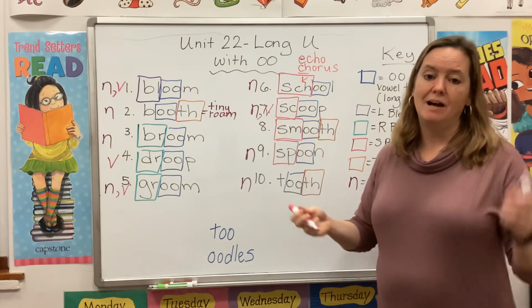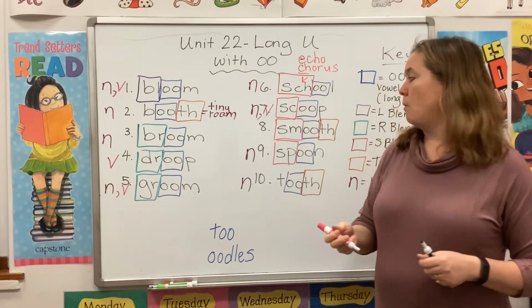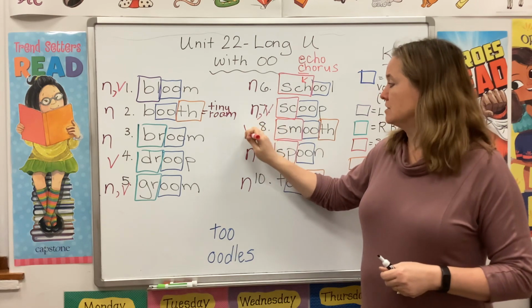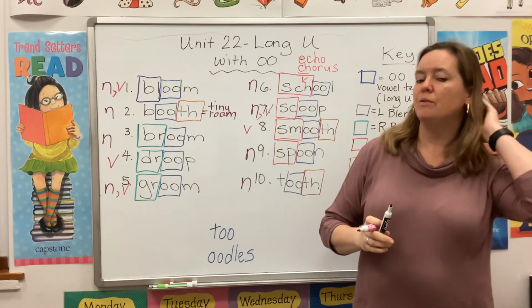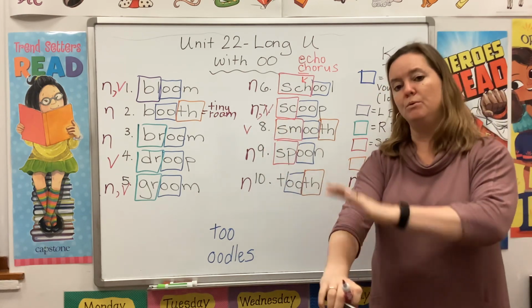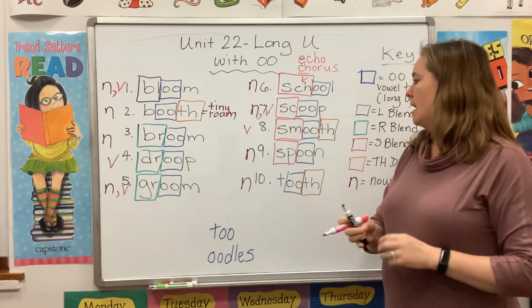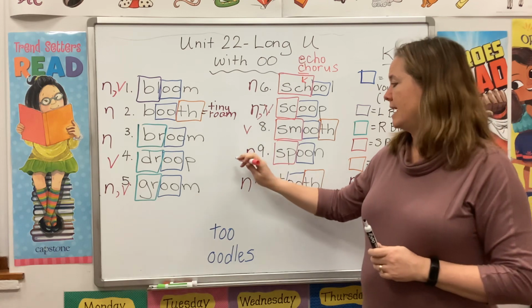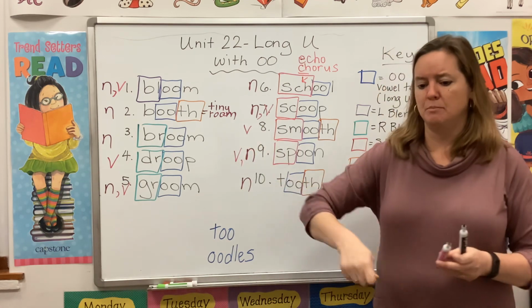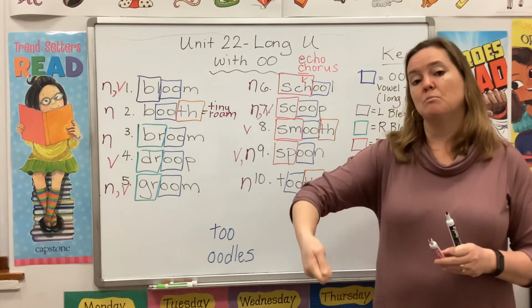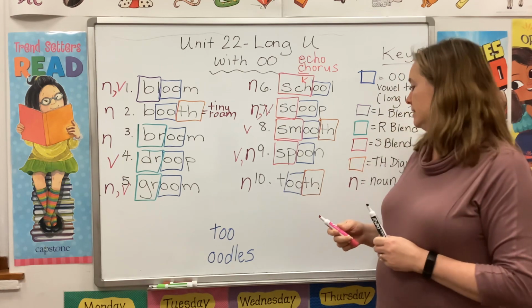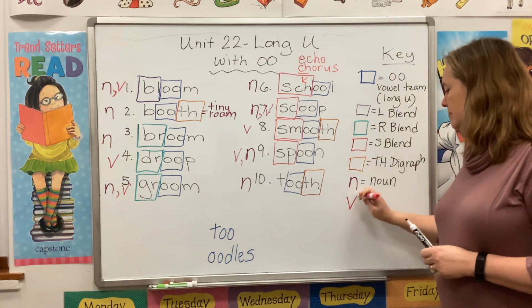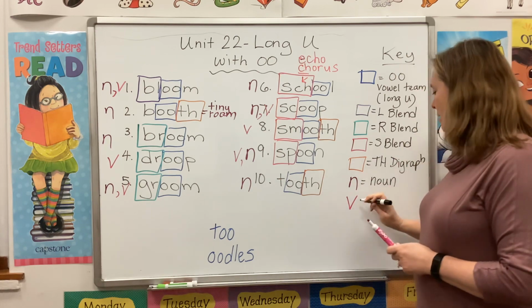You scoop ice cream into a bowl. Smooth can be used as a verb, right? You might smooth out your hair or smooth out the wrinkles. Spoon, you can use that as a verb. You can spoon some sugar or spoon some more cocoa into your hot chocolate, but you can't tooth. So down here, the V represents the verb.